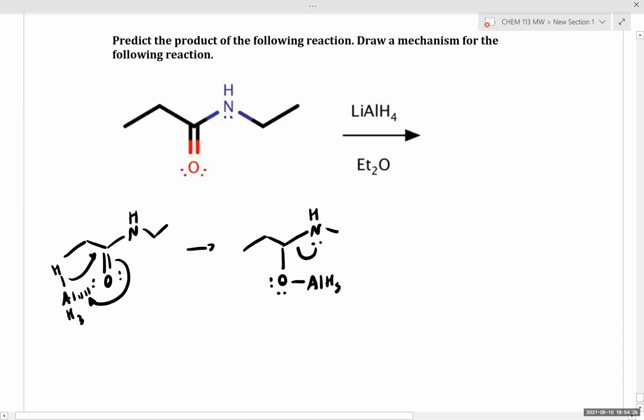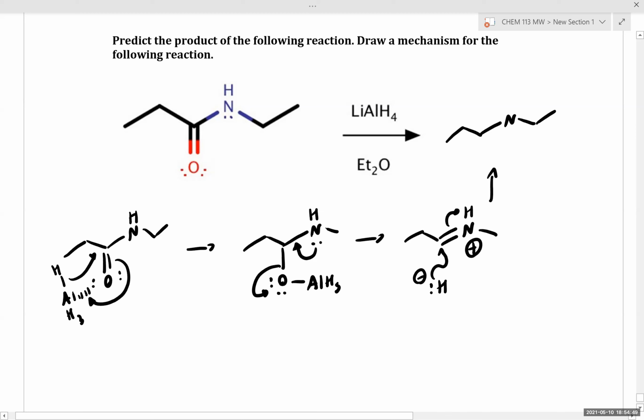And what we can do now is we can kick out this activated alkoxide ion to give an aminium ion. From here, a second equivalent of hydride can attack our aminium ion and give us our desired isolable amine.